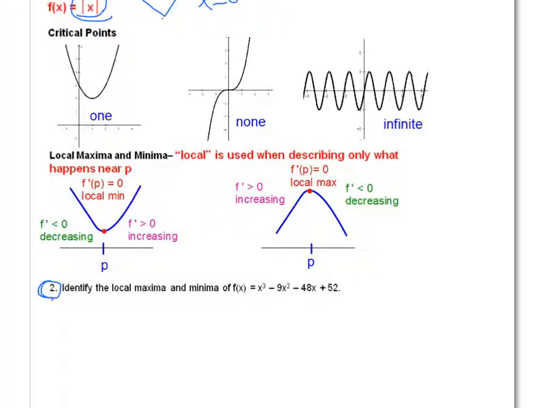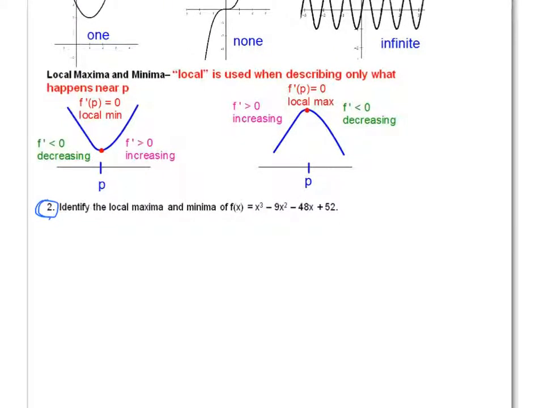For a graph like this one, we have a minimum, so that's 1 critical point. For a graph like this one, which is x cubed, there is no maximum or minimum, so there are no critical points. And then a graph like this, which is the sine of x, we have a max and then a min and then a max and then a min. So there are infinite critical points through that whole graph.